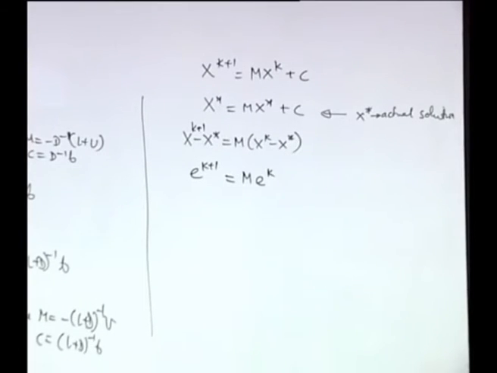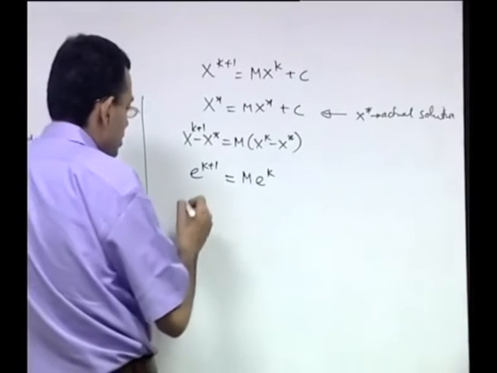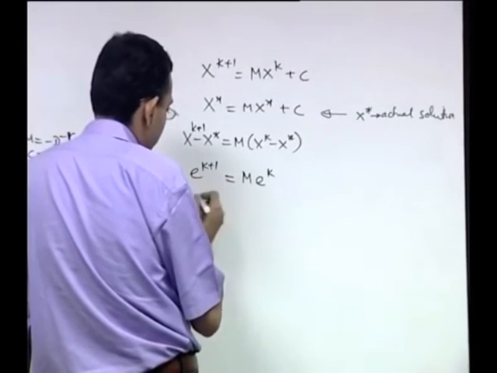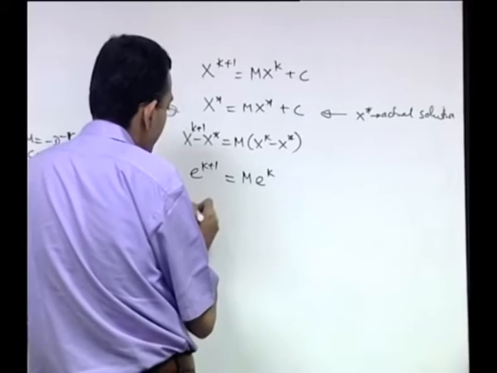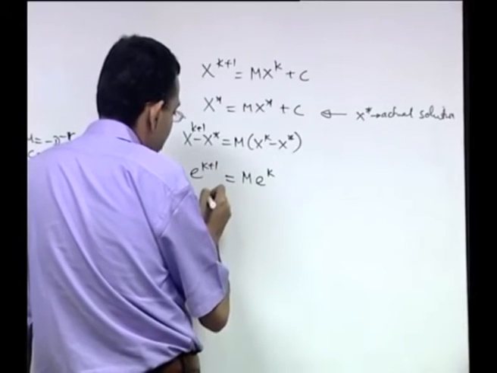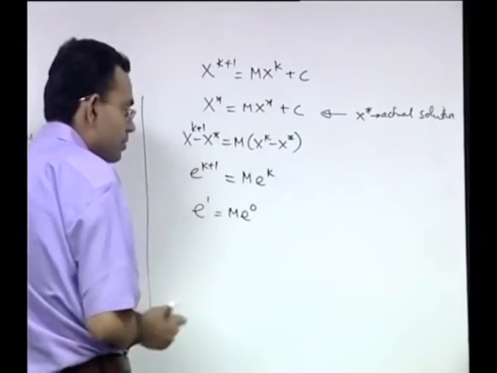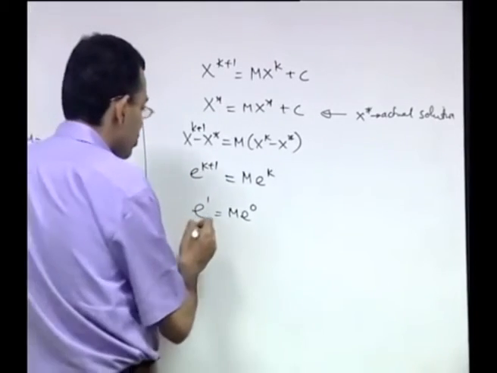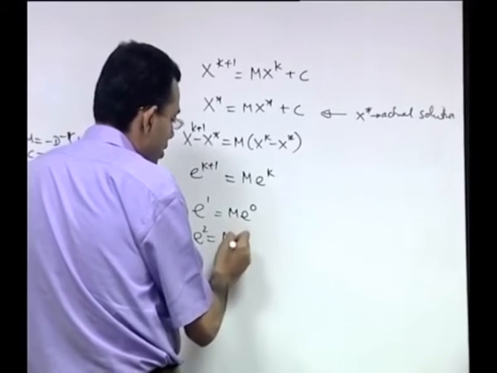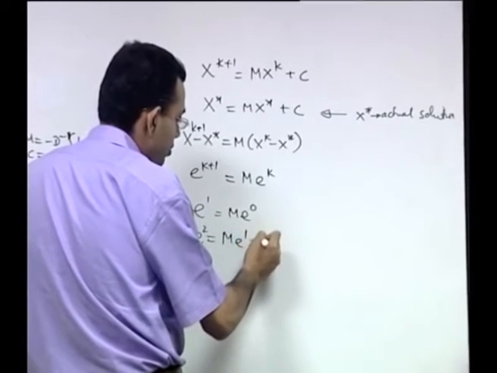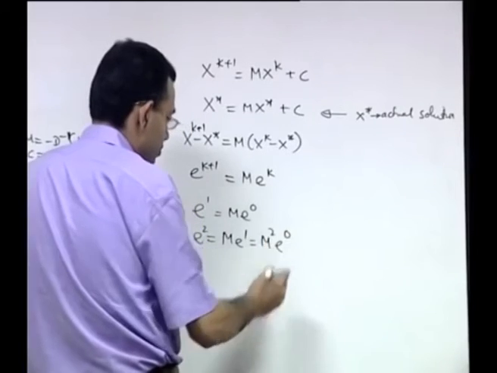So, from this we can write certain important points. One point is, we can first write E1 is equal to M E0. So, E2 is M E1, that is equal to M square E0.